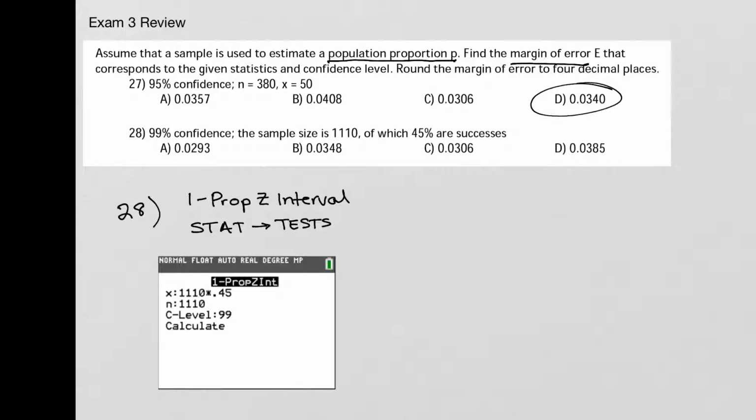I go ahead and enter the sample size for N, and the confidence level is the C level, so that's 99% or 0.99. But for the number of successes, what you have to keep in mind is that we were told that 45% of the sample were successes.